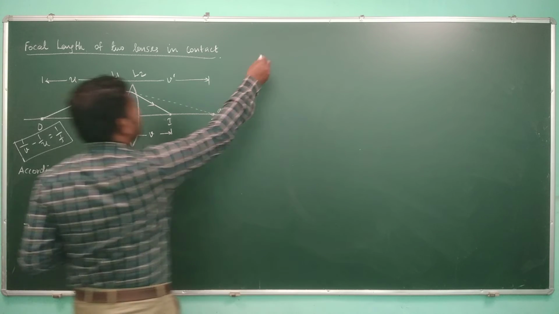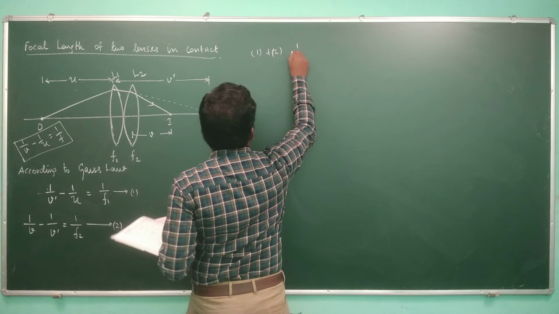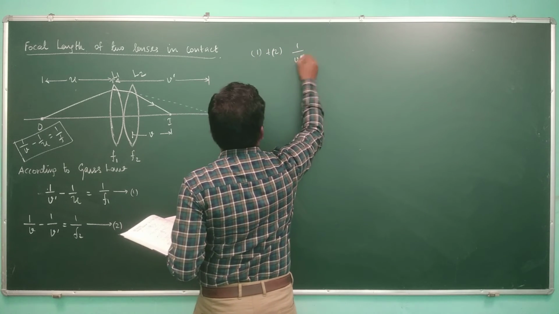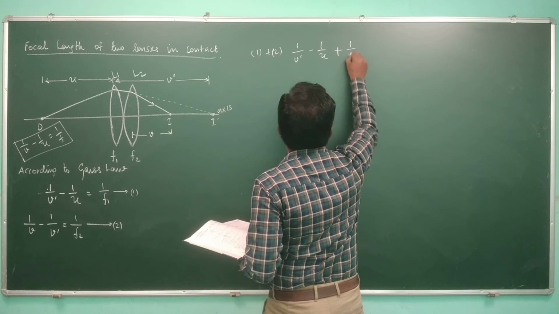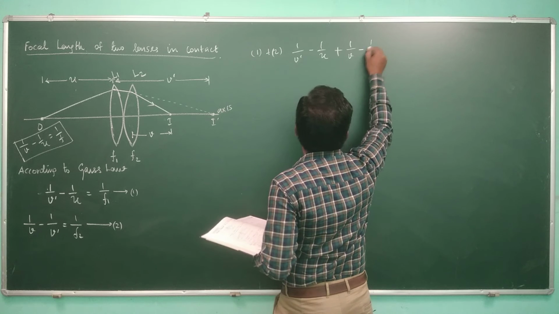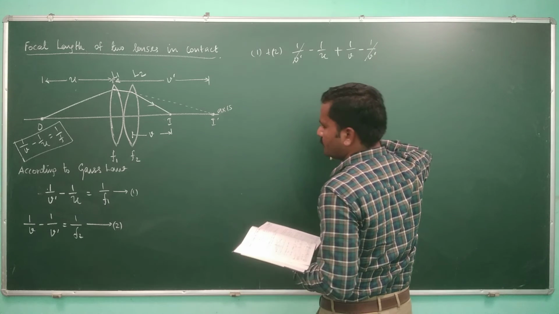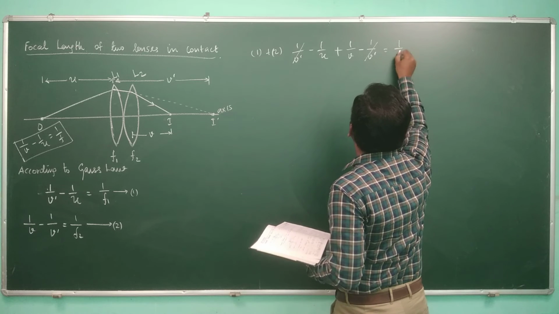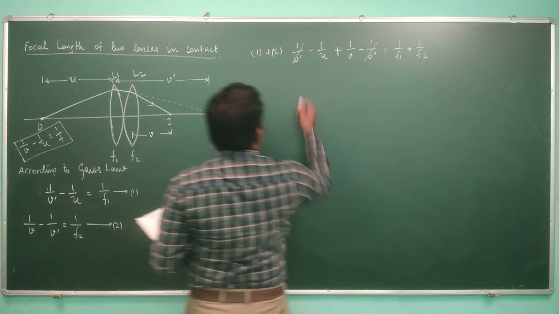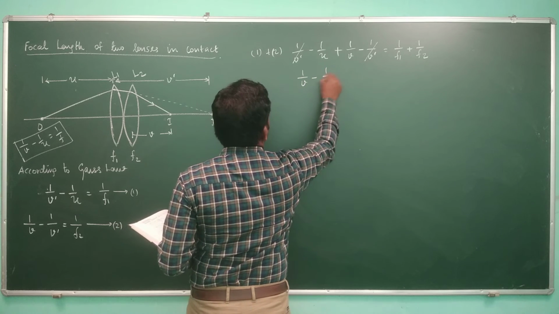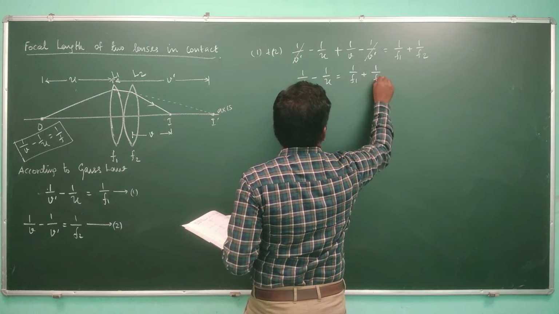Now if we add equations 1 and 2, what do we get? 1 by v prime minus 1 by u plus 1 by v minus 1 by v prime. This and this will cancel out. On the right we get 1 by f1 plus 1 by f2. What remains is 1 by v minus 1 by u, which is equal to 1 by f1 plus 1 by f2.